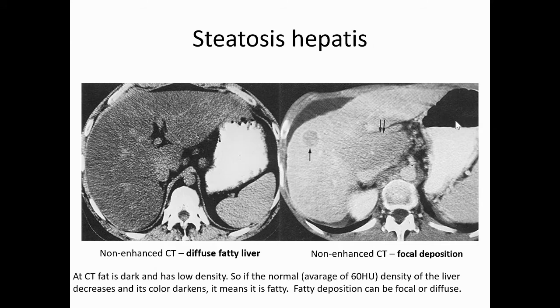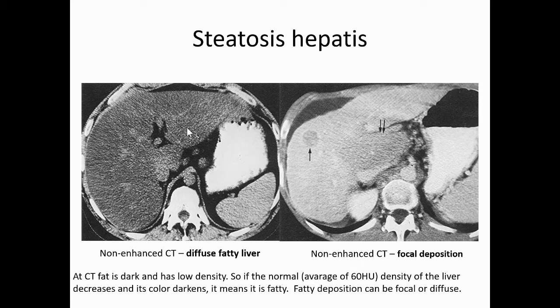So steatosis or fatty liver can be either diffuse, as it is seen on the left image, or focal. And at CT, it's quite easy to put a region of interest on the image and measure the density of the area. As you probably know by now, fat is black on the CT image, and it usually has a negative Hounsfield unit value.